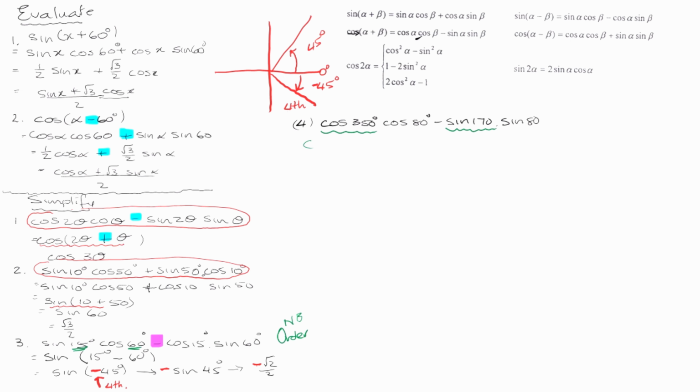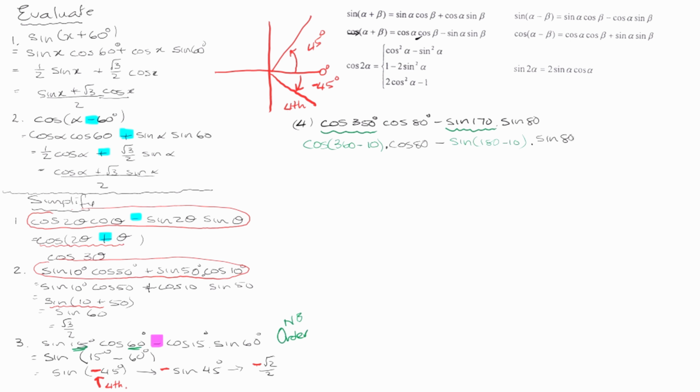So 350 is cos in the fourth, so we have to use 360 minus 10. And here sine of 170 is in the second, so it's 180 minus 10. Right, let's go back and fill in the cos of 80 and the minus and the sine of 80.